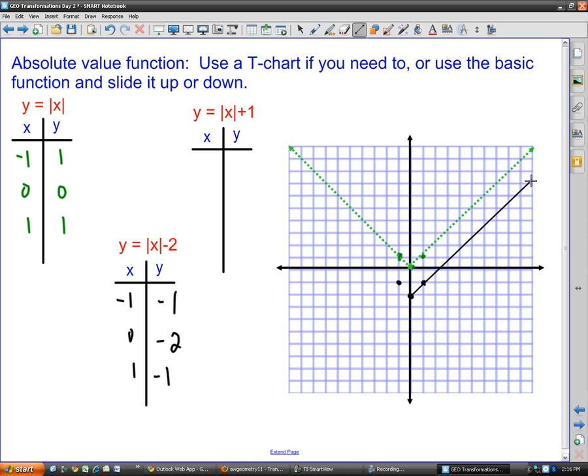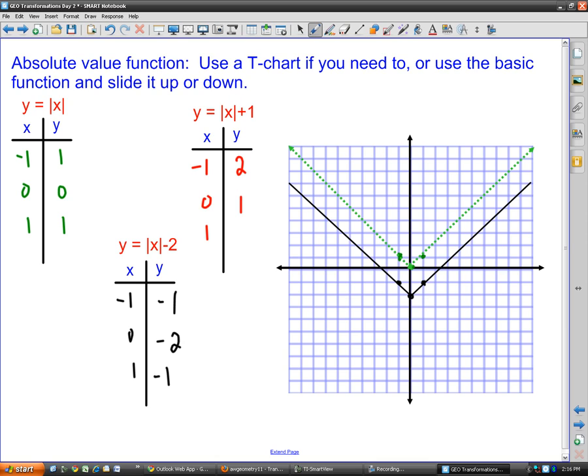And that's the whole idea of these graphs, is that they are the same, but they're just moved up or down depending on the graph itself. So then finally, this one is plus 1, so I'm going to put in my same values. Putting in negative 1, the absolute value of negative 1 is 1, plus 1 is 2, 0 should get me 1, and positive 1 should get me 2 again.